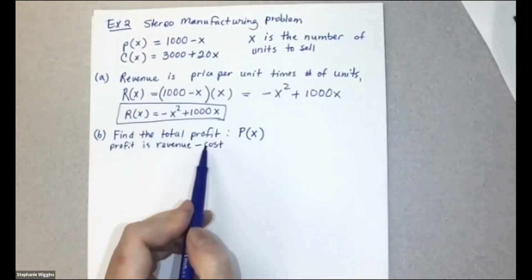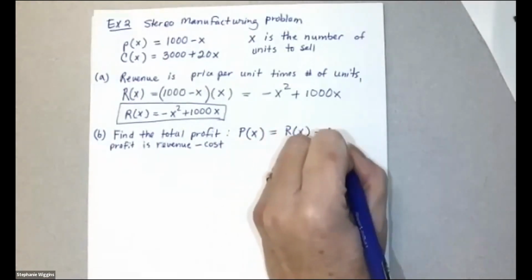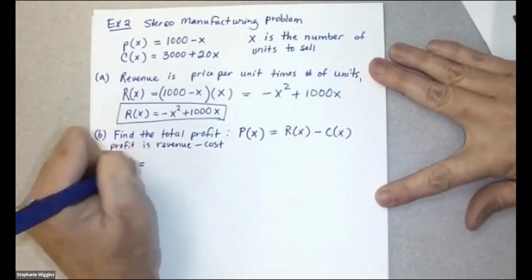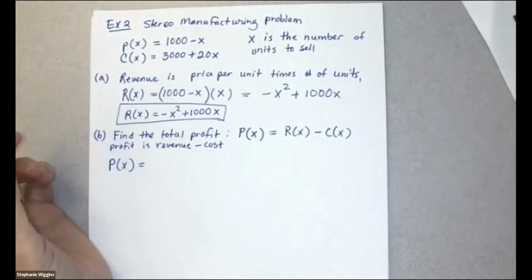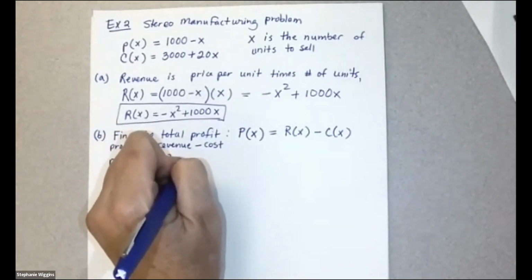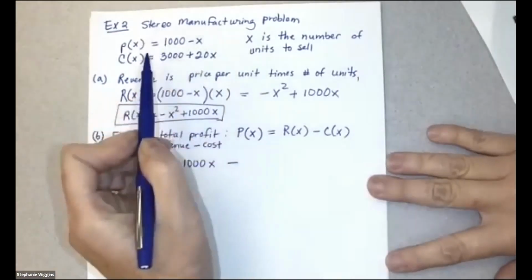So profit is the revenue minus the cost. So this is going to be R of X minus C of X. So for our particular example, the revenue is this function here minus the cost, which is given to us.